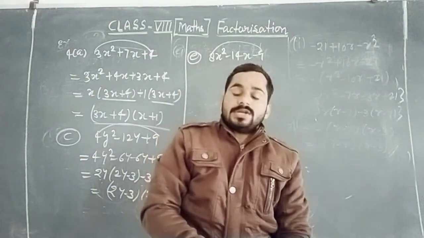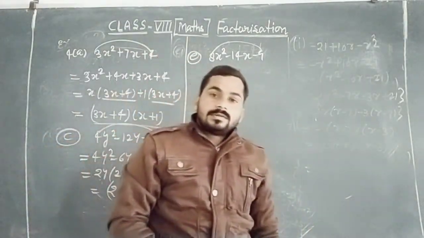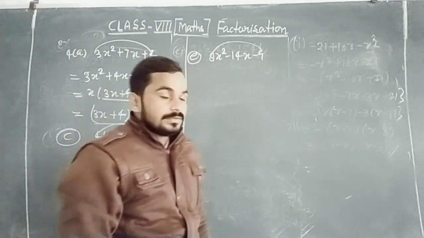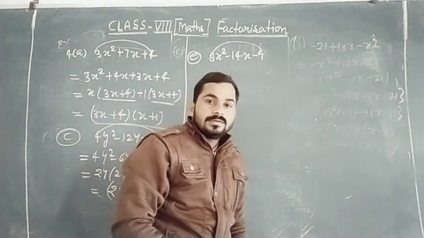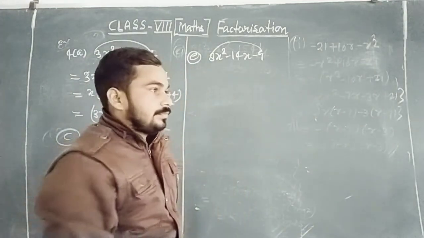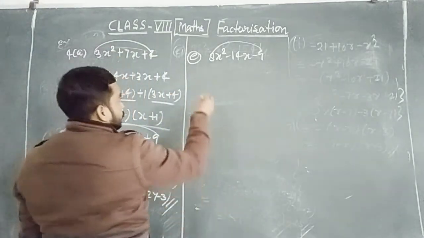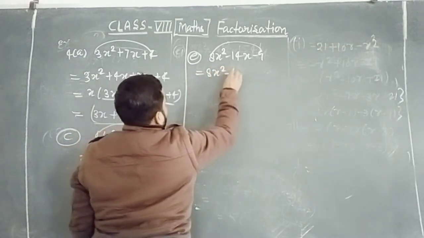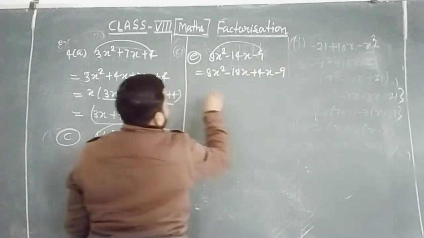Factor of 72 that becomes 14: 12 times 6 is 72, 18 times 4 is 72. 18 minus 4, 14. So 8x square minus 18x plus 4x minus 9.